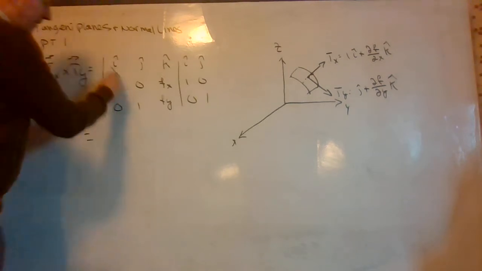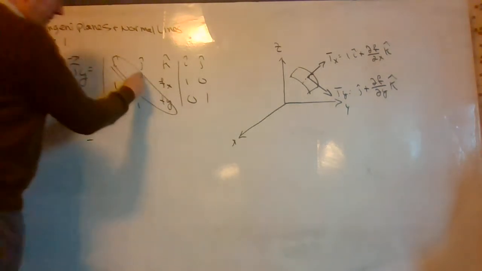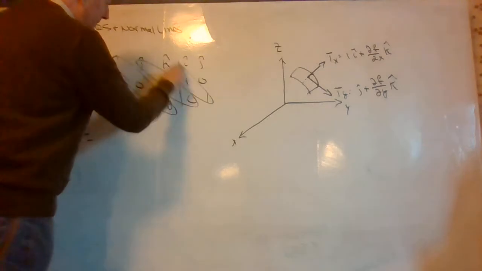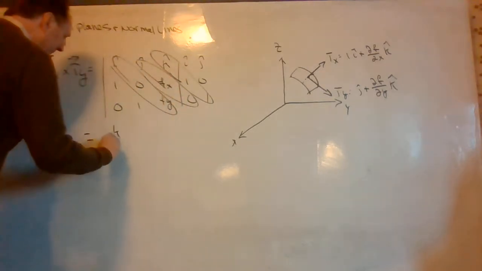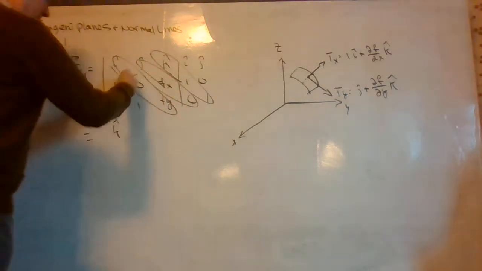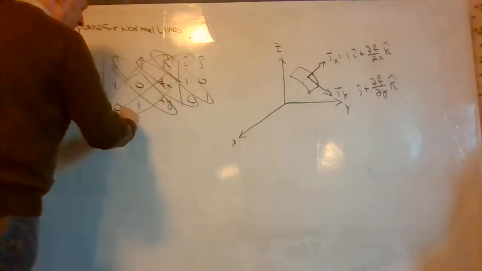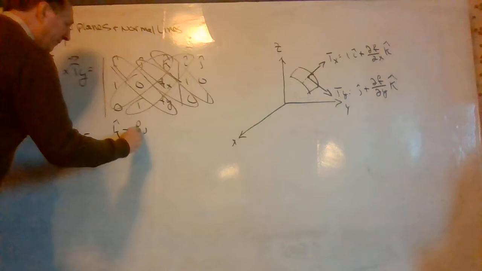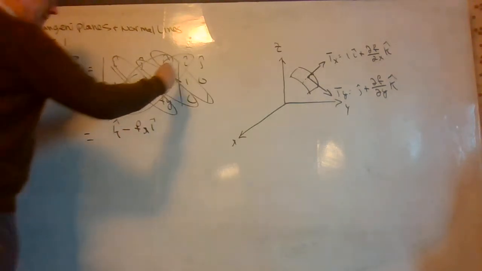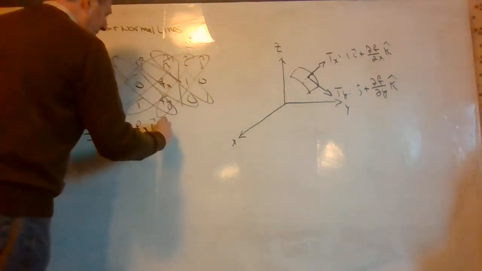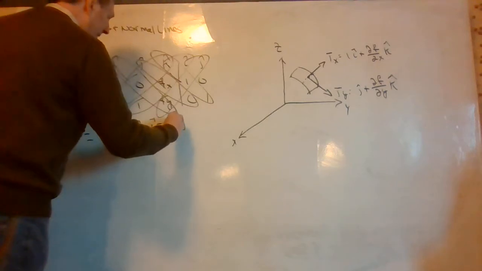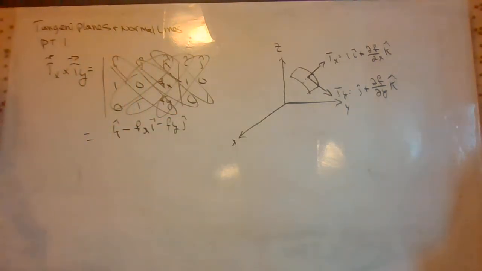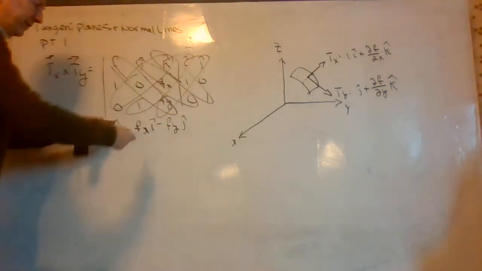Well, first of all, that's going to be 0, that's going to be 0, that's going to be k. That's going to be minus f_x i, and that's going to be minus f_y j. It's a real simple pattern to remember.